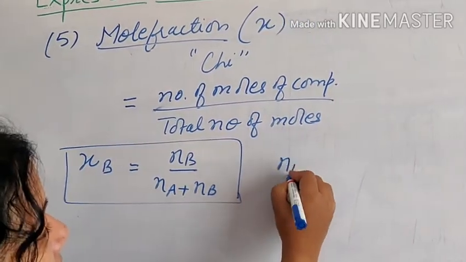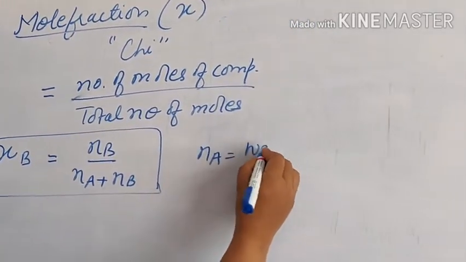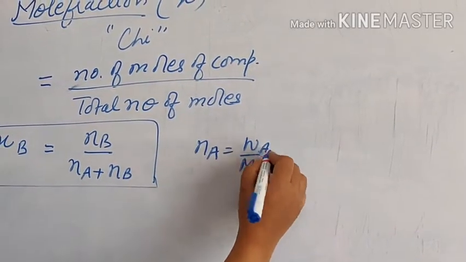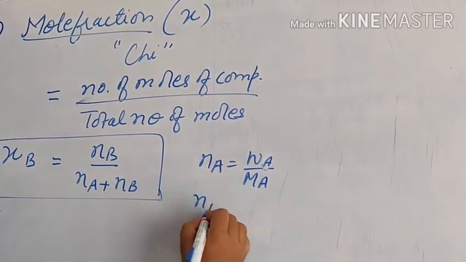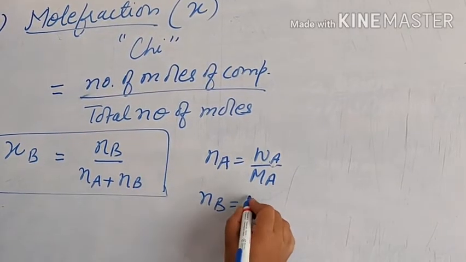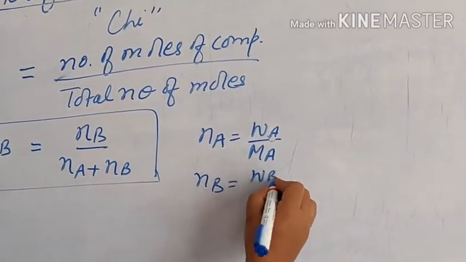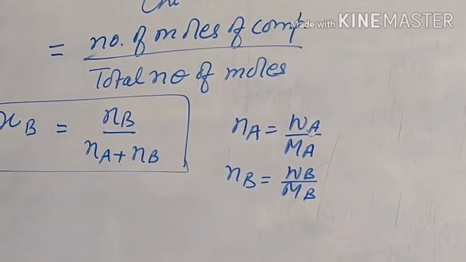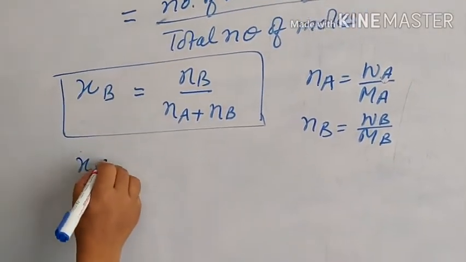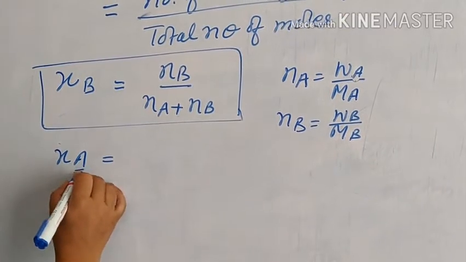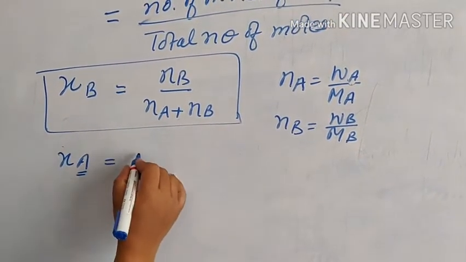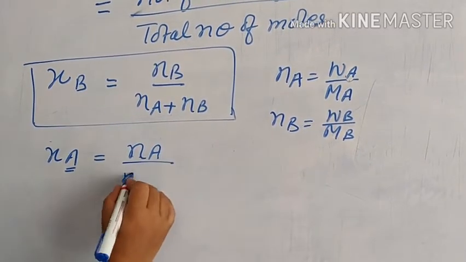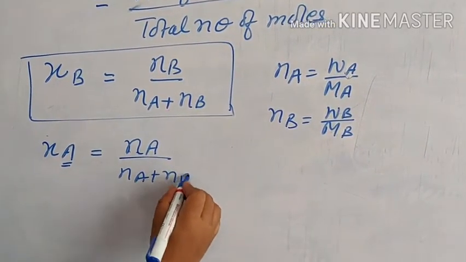Further, Na can be calculated by using the formula mass upon molar mass, and Nb can be calculated by using the formula mass of solute upon molar mass of solute. And if we have to calculate the mole fraction of the component A, in that case it will be equal to the number of moles of A upon total number of moles.